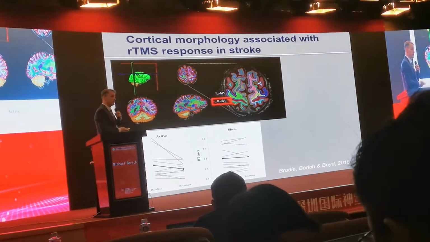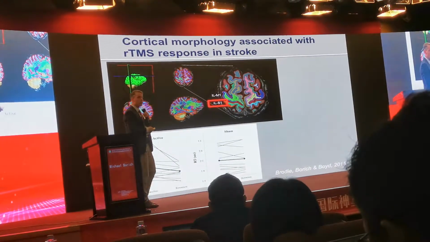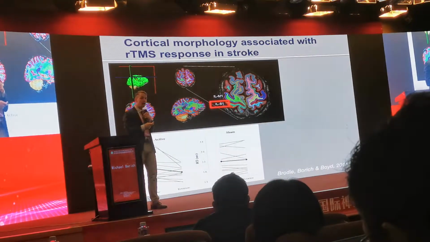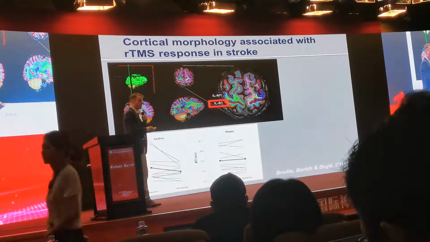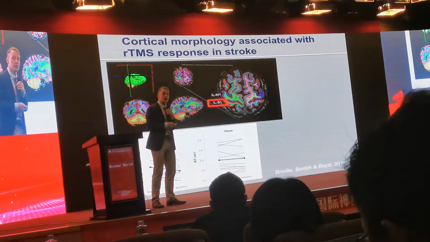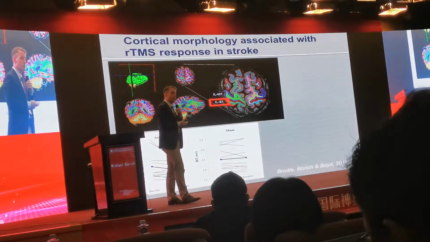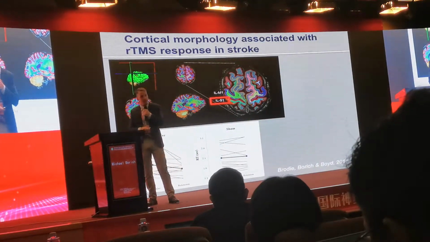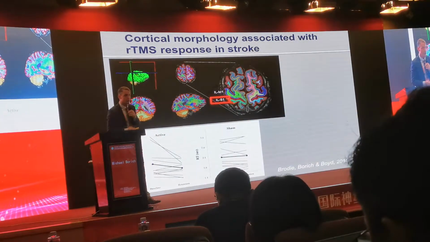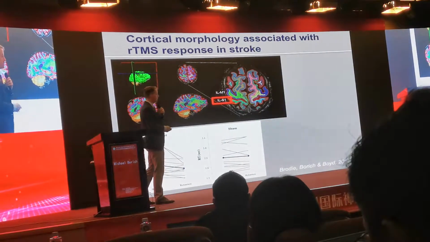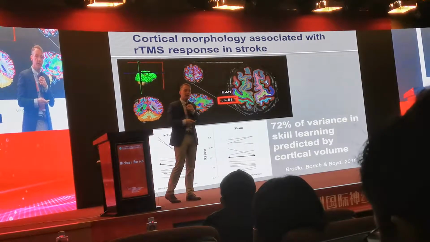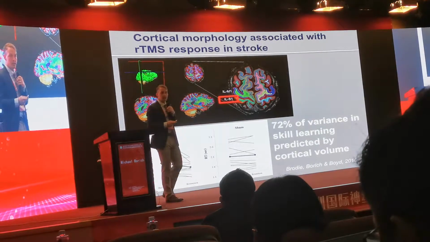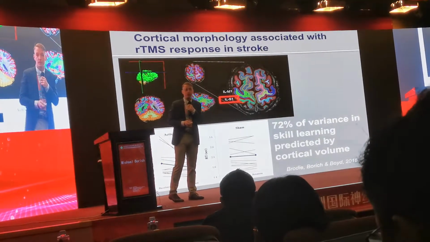So we looked into this some years ago and asked, are there neurobiological markers that would predict an individual's response to stimulation in stroke? We found that the relative residual neural substrate that we were targeting with stimulation, in this case the ipsilesional primary somatosensory cortex with excitatory stimulation, mattered. The volume of white and gray matter only in the region we were targeting predicted how much these individuals would respond to the training paradigm.